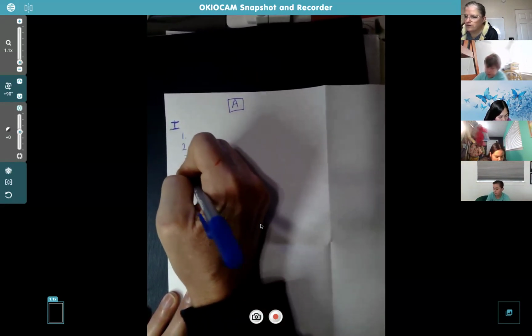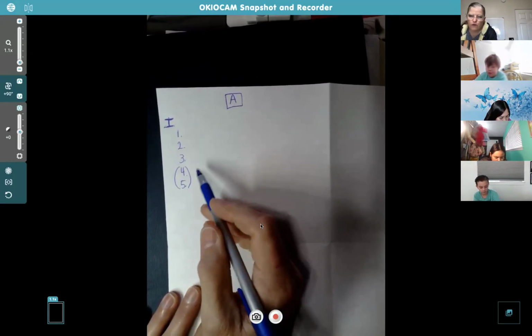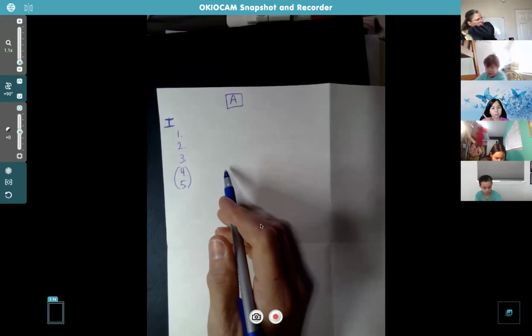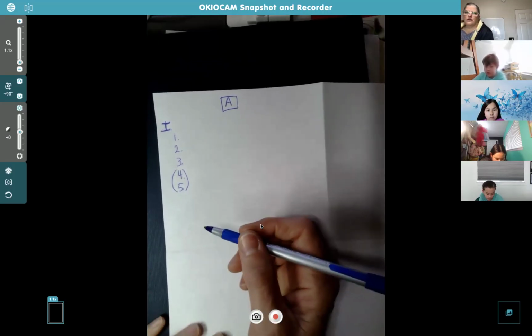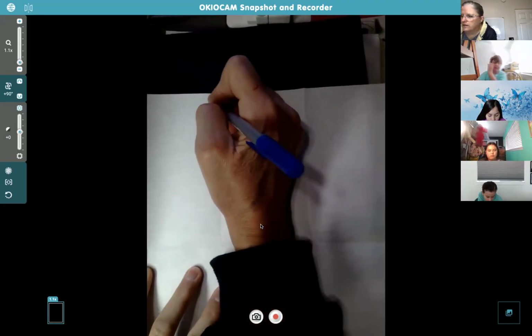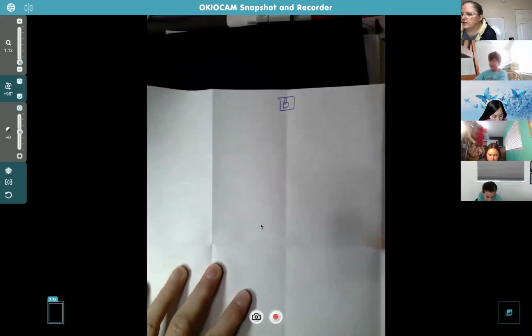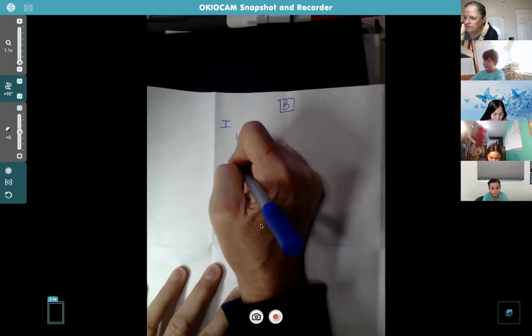Make sure you make yourself some space there. Then you're going to put parentheses around 4 and 5 like we did last time. And then B. Still you're going to do Roman numeral 1 and then 1 through 5 again.